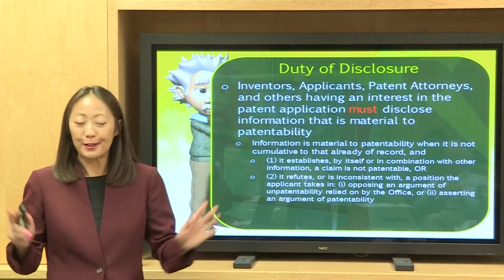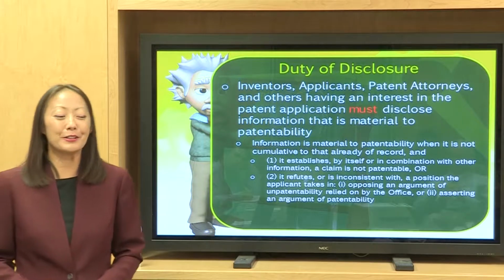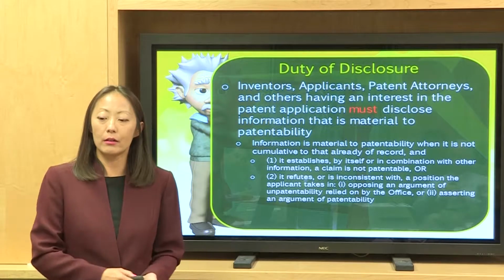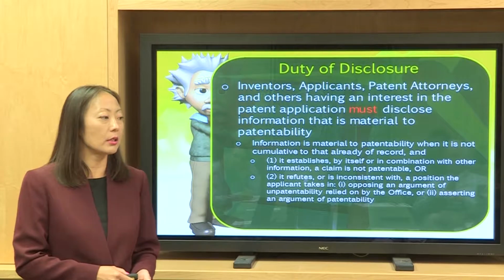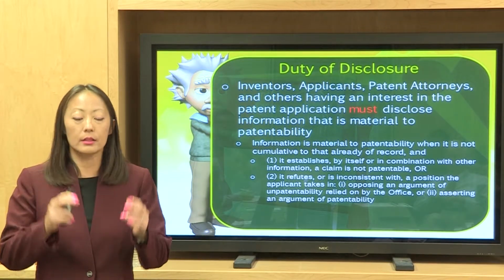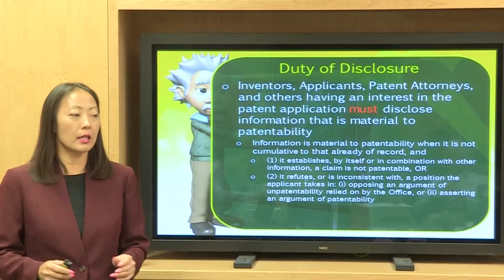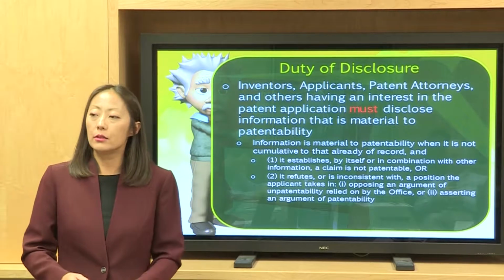Final slide on this patent law stuff. Duty of disclosure. Everybody involved in the preparation and prosecution, anybody who has an interest in that patent application, that invention, has a duty of disclosure.